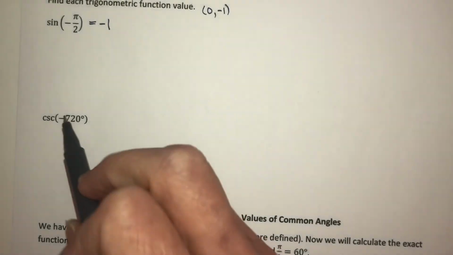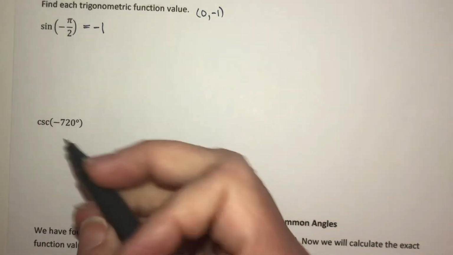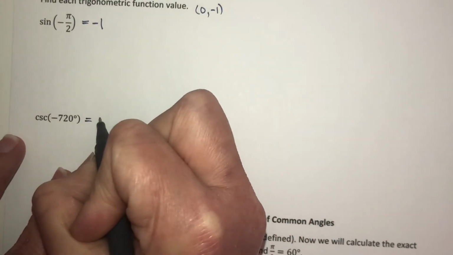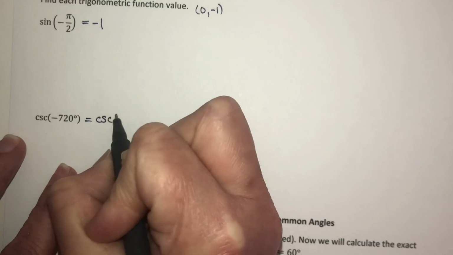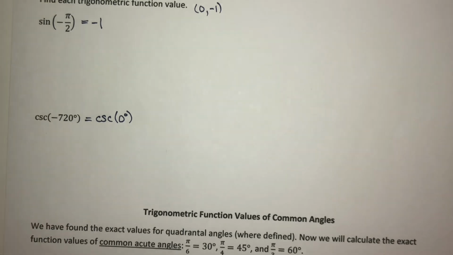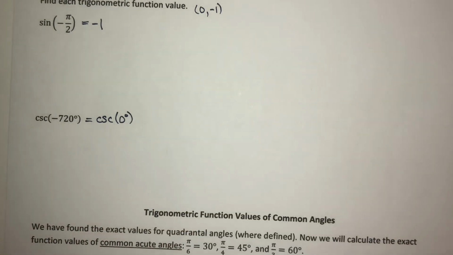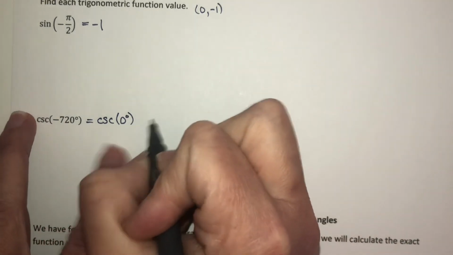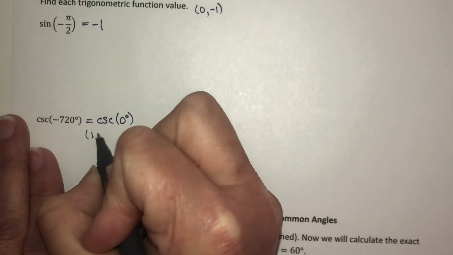So -720 degrees is coterminal with, and therefore the same as, cosecant of 0 degrees. And 0 degrees is the same thing as 0 in radians, and it is associated with the point 1, 0.